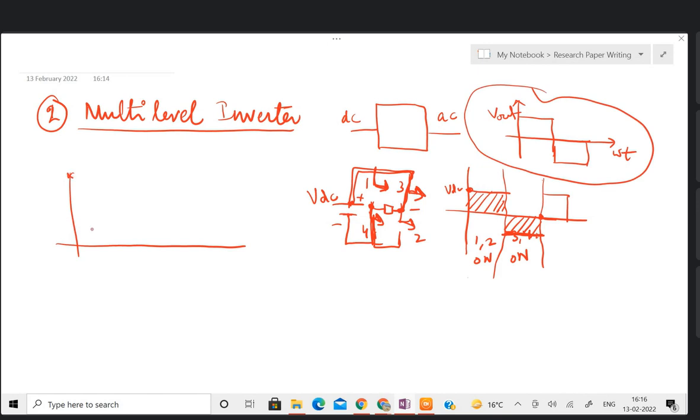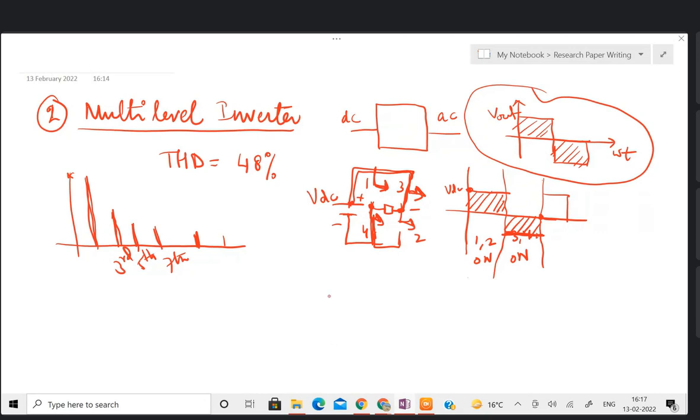Apart from the fundamental, there are multiple harmonics: the third, the fifth, the seventh. Although the even harmonics will be absent because this waveform has got symmetry. The total harmonic distortion is also very high, close to 48%.